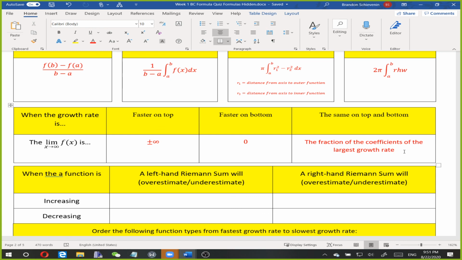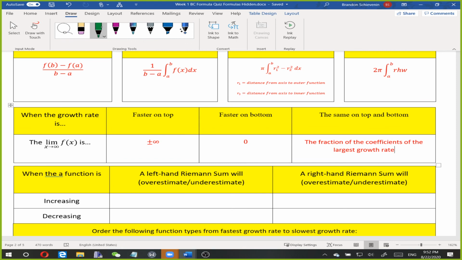For example, if I had something like this, the limit as x approaches infinity of e to the x over natural log x.